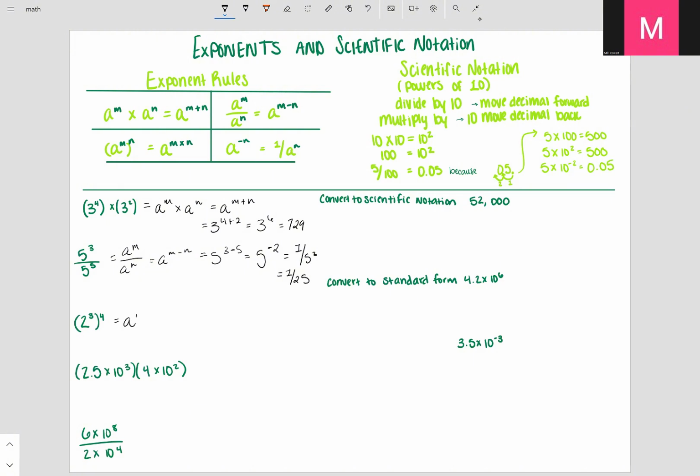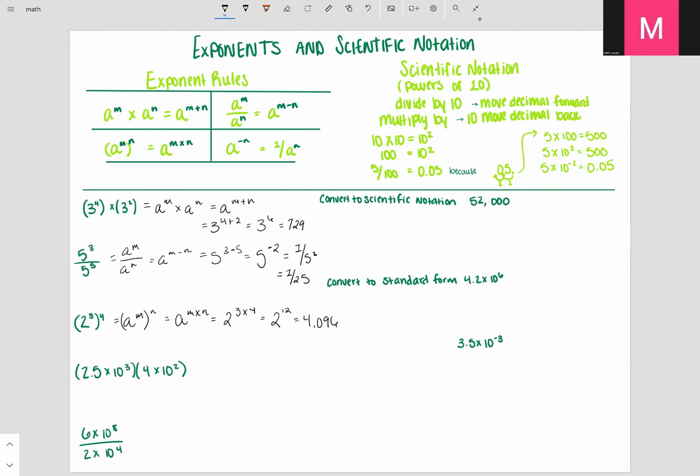Now for this one, we have a to the m to the nth equals a to the m times n, equals 2 to the 3 times 4, equals 2 to the 12th. Multiplying that out, we've got 4,096.